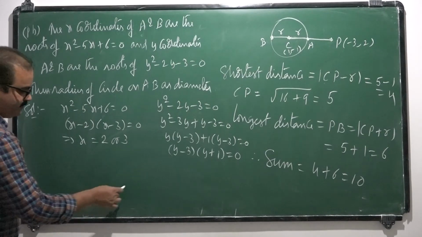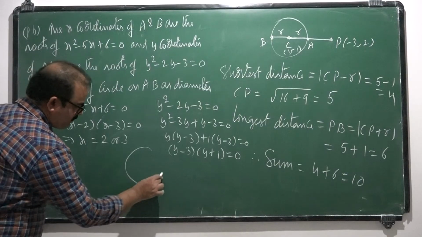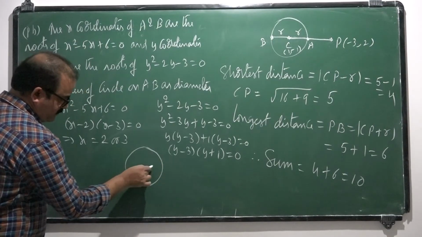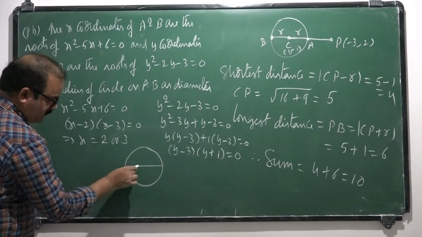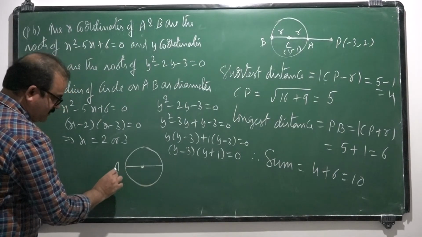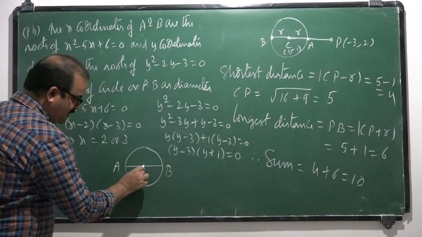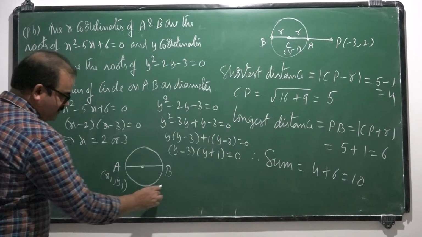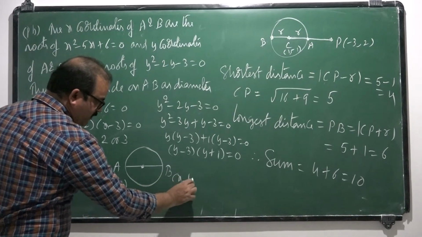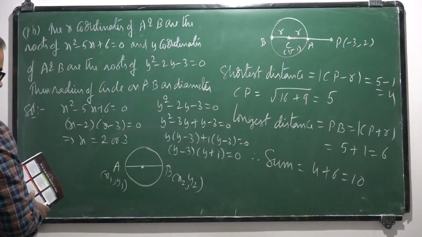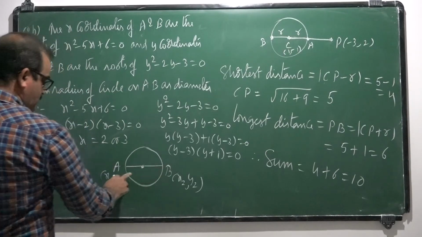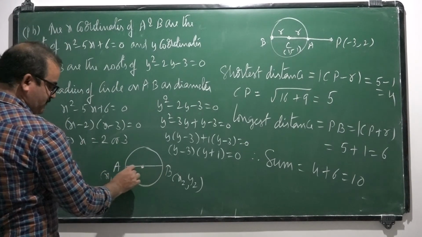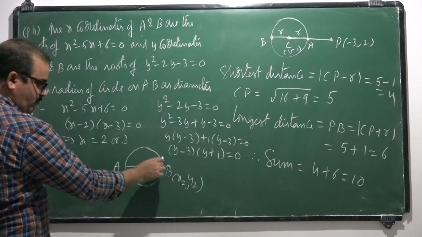See here. To this circle, AB is the diameter. If A is (x1, y1) and B is (x2, y2), these are the coordinates of the ends of the diameter. We have one formula.